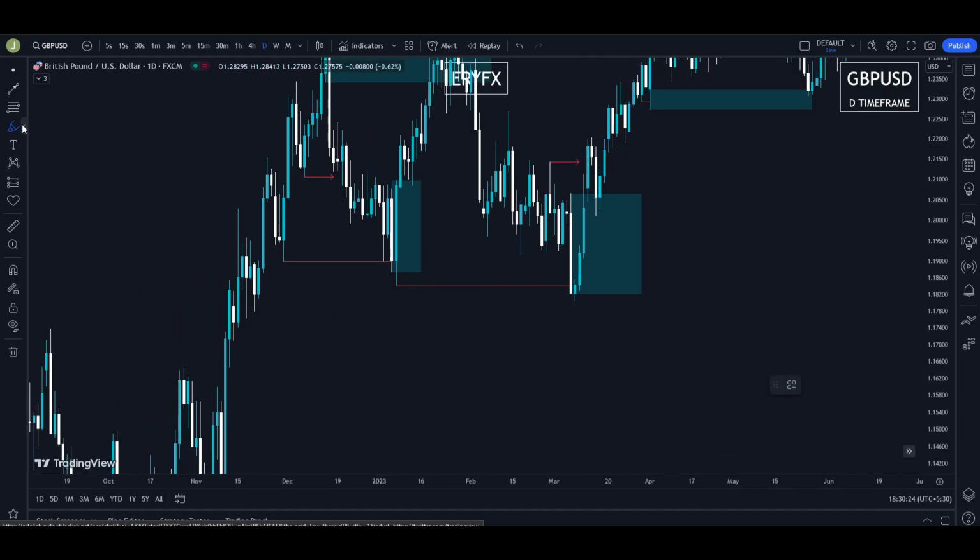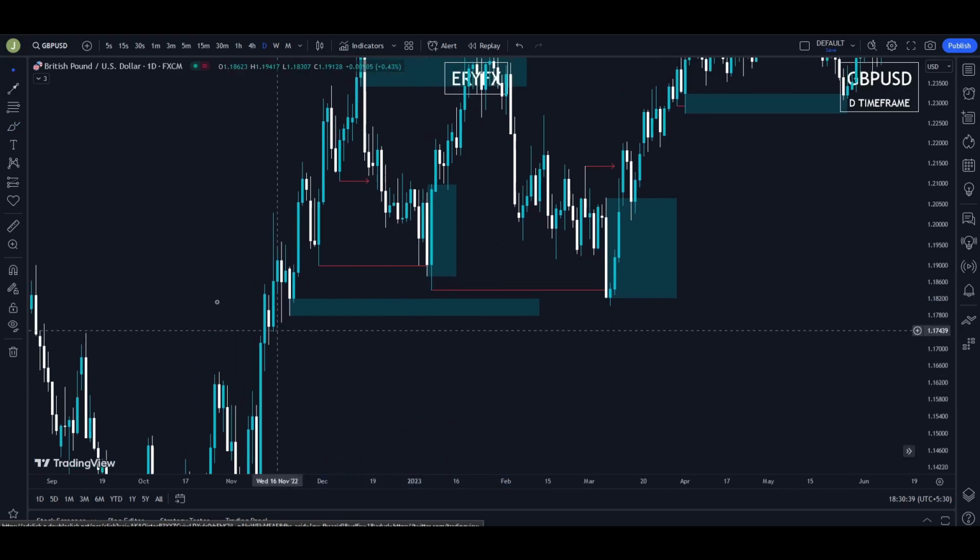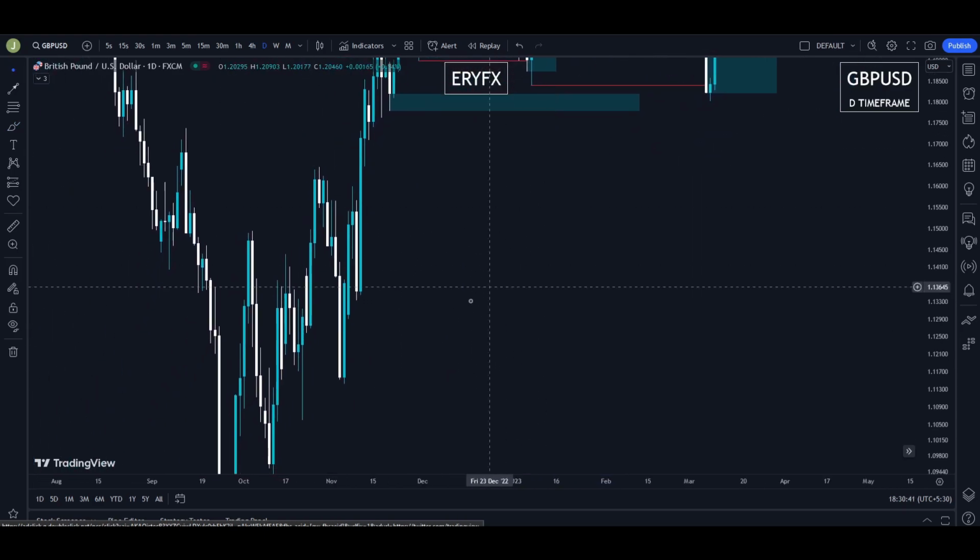Yeah, this thing. We don't try to take these types of SNDs. As you can see, the next one went up. The next candle already mitigated the previous SND. So we don't take these types of SNDs. This one is an example.